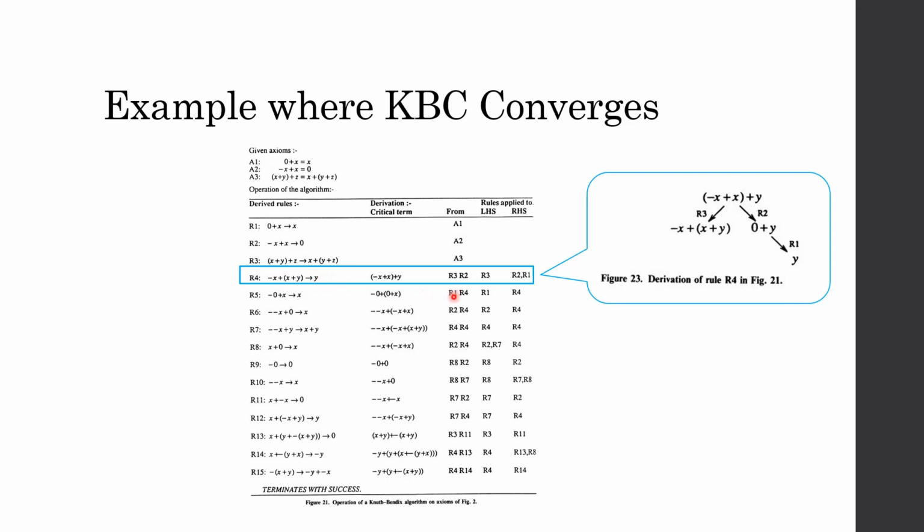Then after that, they continue on with R1 with R4, R2 with R4, so we continue on and create more and more rewrite rules.